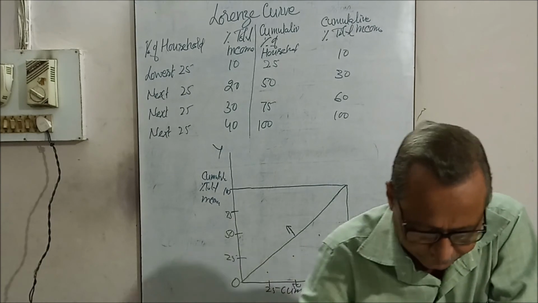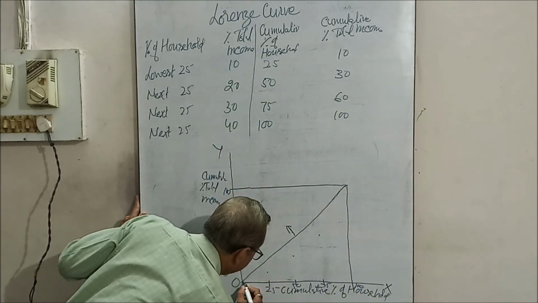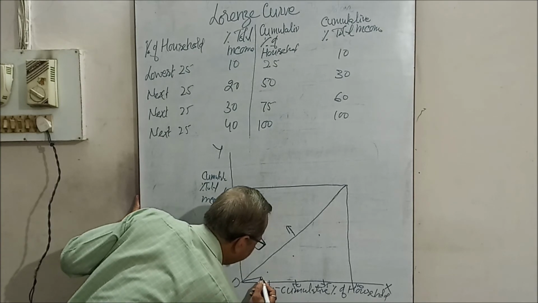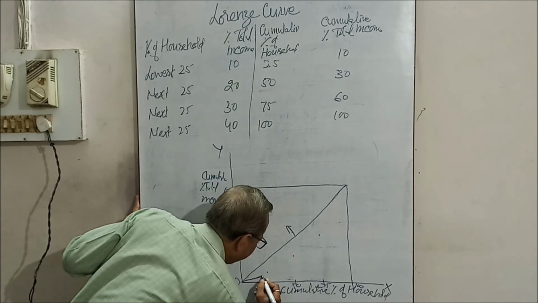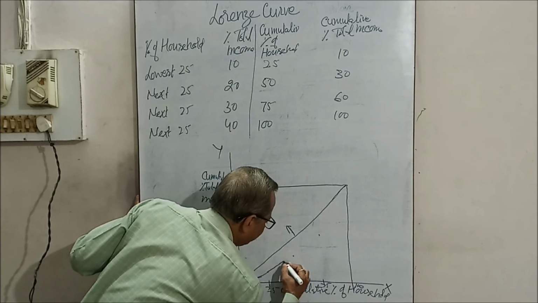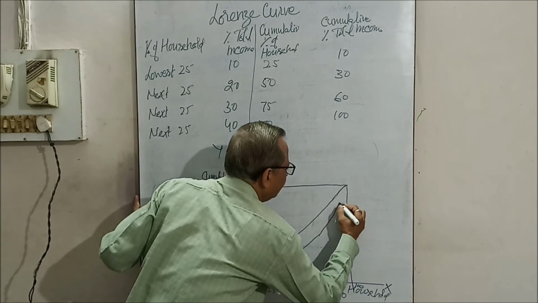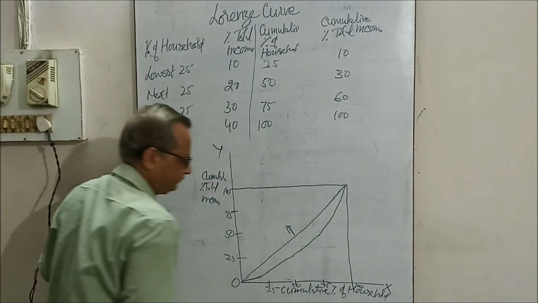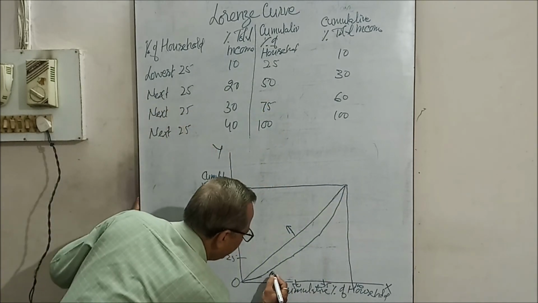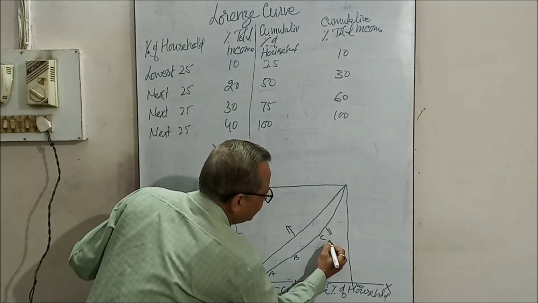And through every point you draw a freehand curve. So this is called A point, B point and C point. This is called the Lorenz curve.